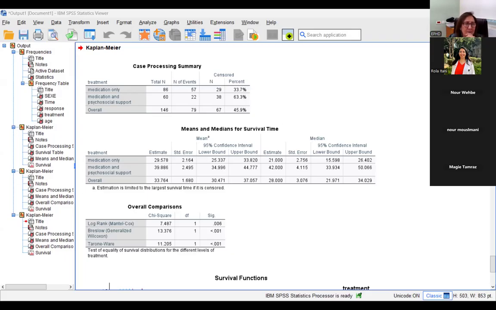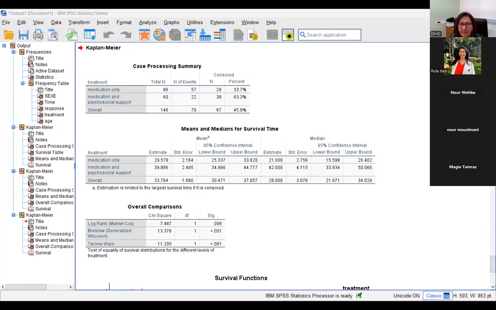Yes, doctor. We can also see the time to the event in the second table. For medications only, it is 29.5. It's not time to event, it's survival mean and median. Oh, mean and median time for the survival time.